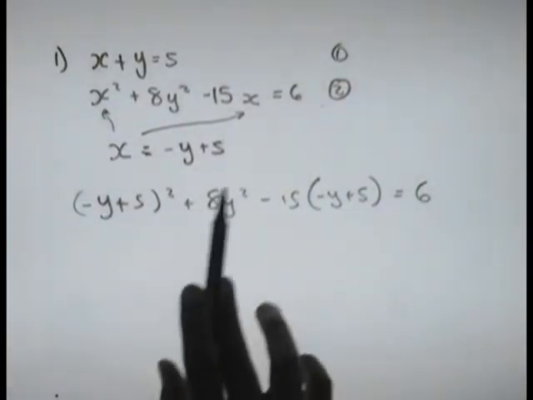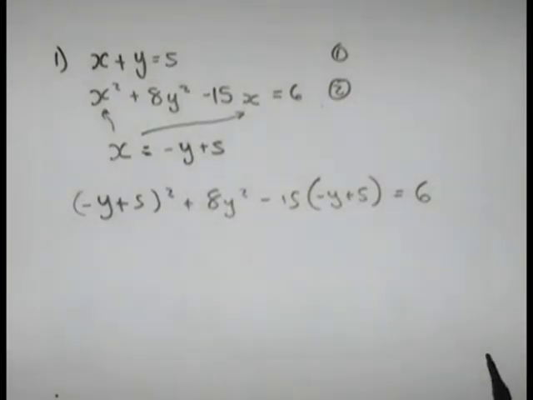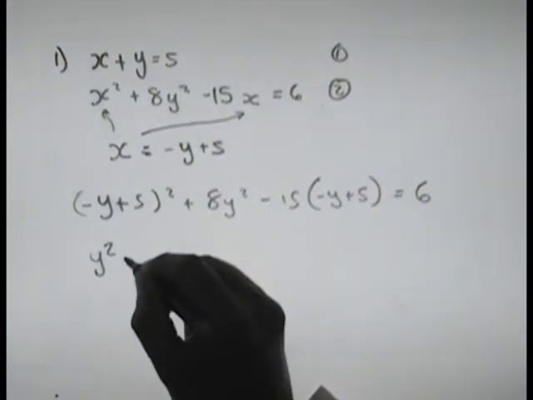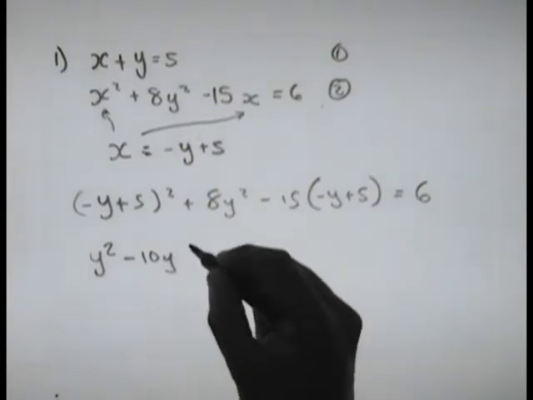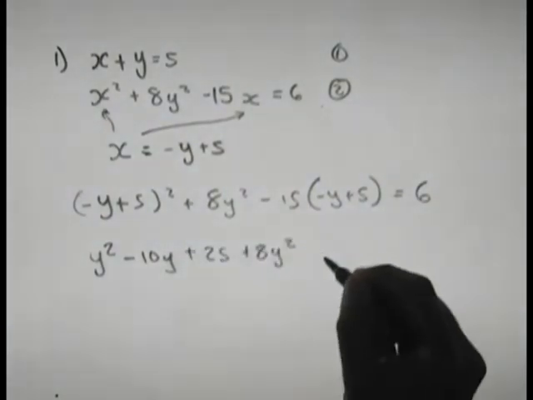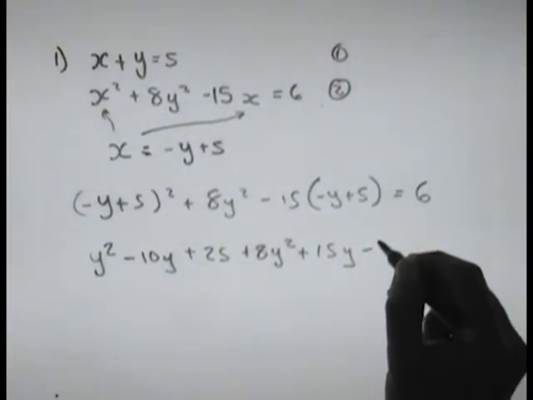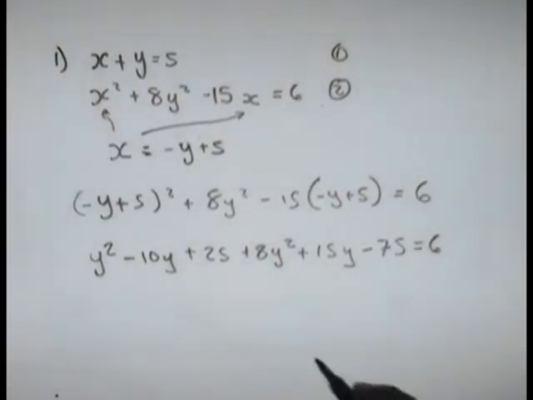Can you see that all I've done is take away my x's and put it in terms of y? This will read y squared minus 10y plus 25 plus 8y squared plus 15y minus 75 is equal to 6.